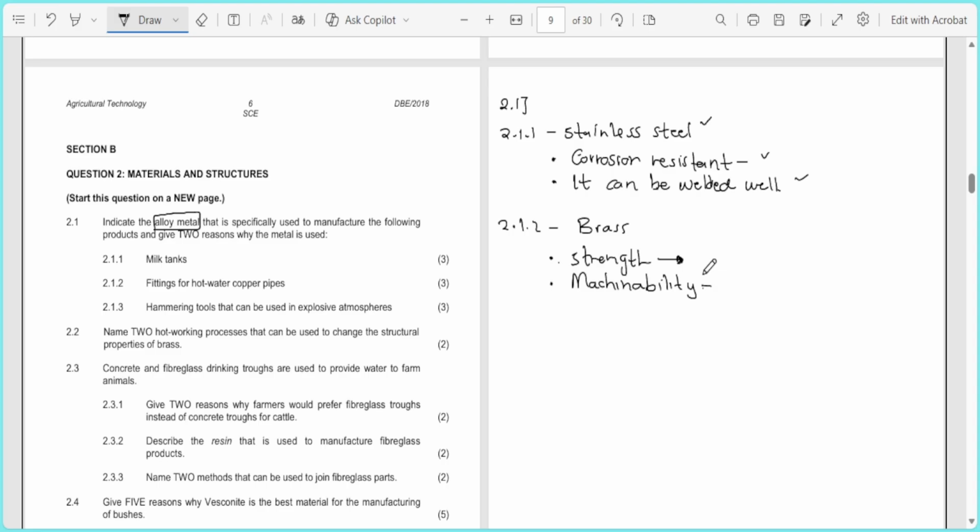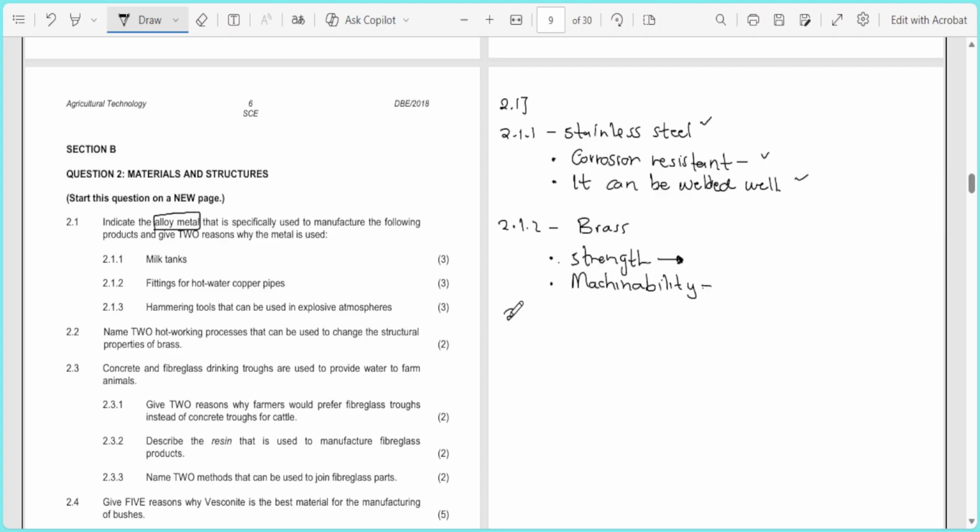So it is easier for the manufacturing process, for bending, creating threads and fittings, and ensuring that leak-free connections are established. Okay, so that is why brass is a better option.